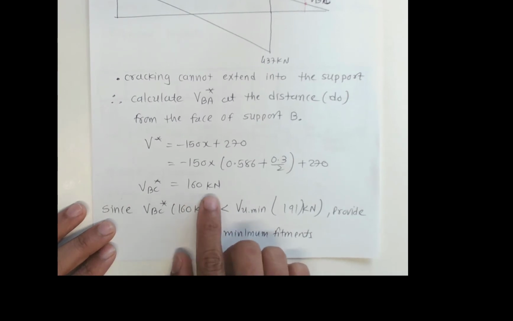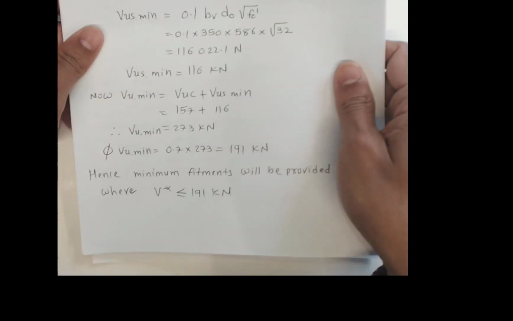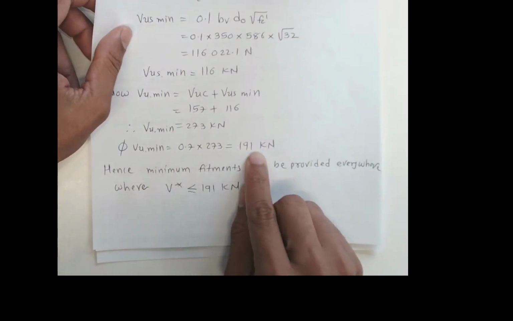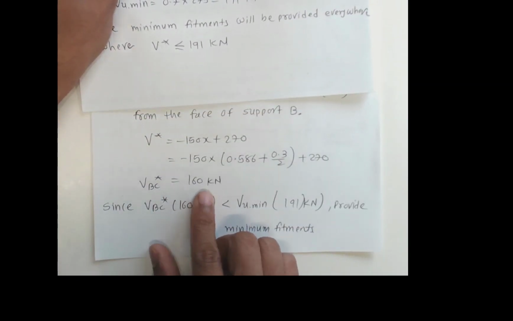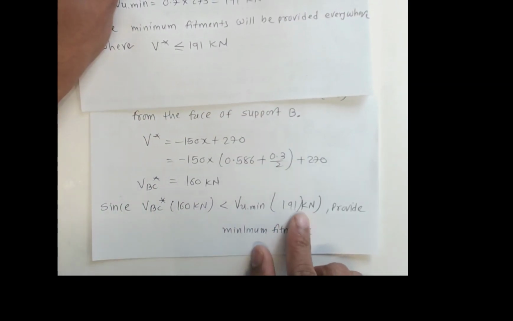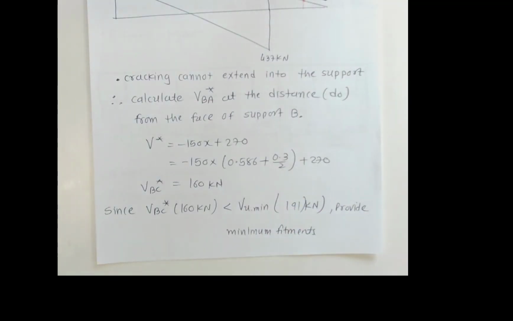Now it is easy to see that we calculated this VU minimum, phi VU minimum, which is 191 kilonewtons. Please note, this 160 kilonewtons is less than 191 kilonewtons, phi VU minimum. So we can provide the minimum fitments in this region.